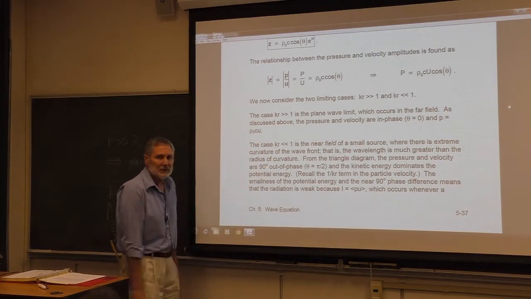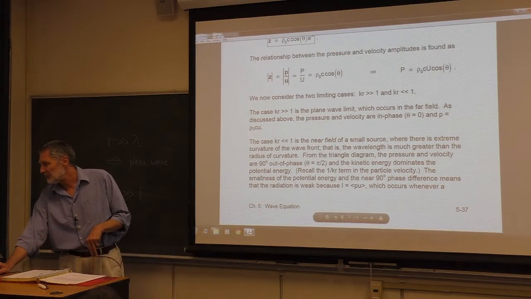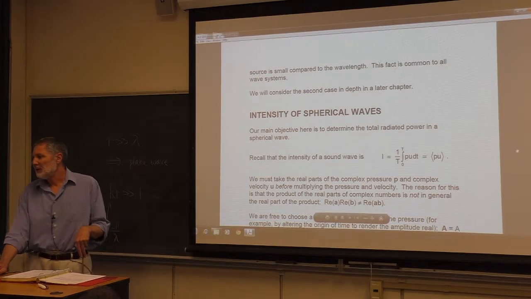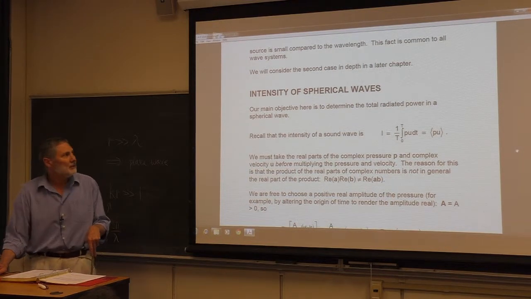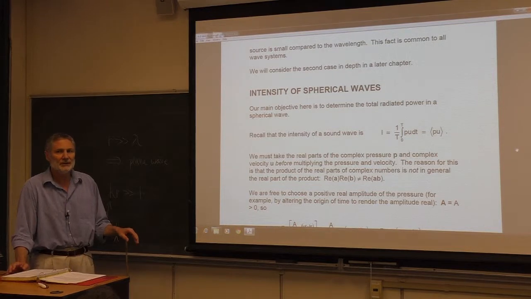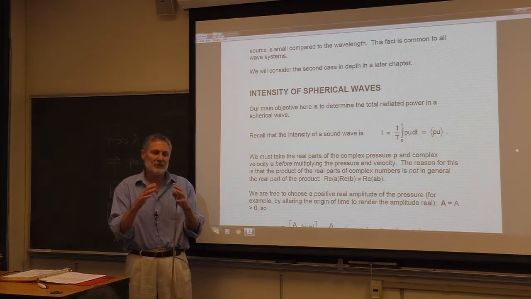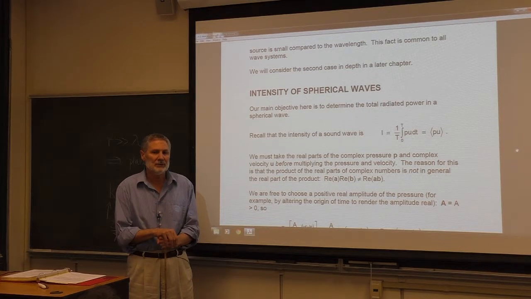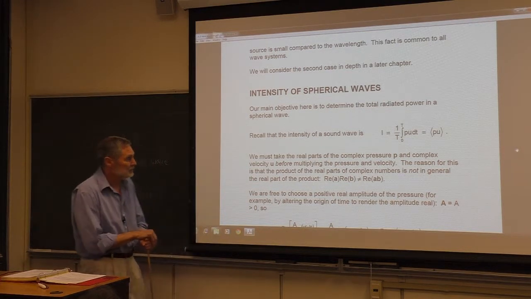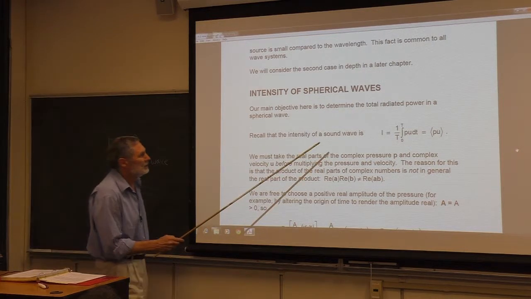We're going to get very little radiation. So we'll go over this in depth later in the course. Okay, so where we're headed here is the intensity. We want to look at the intensity of spherical waves. And in particular, we want to get an expression for the total power radiated from a spherical wave source, acoustic source. So let's calculate the intensity here.